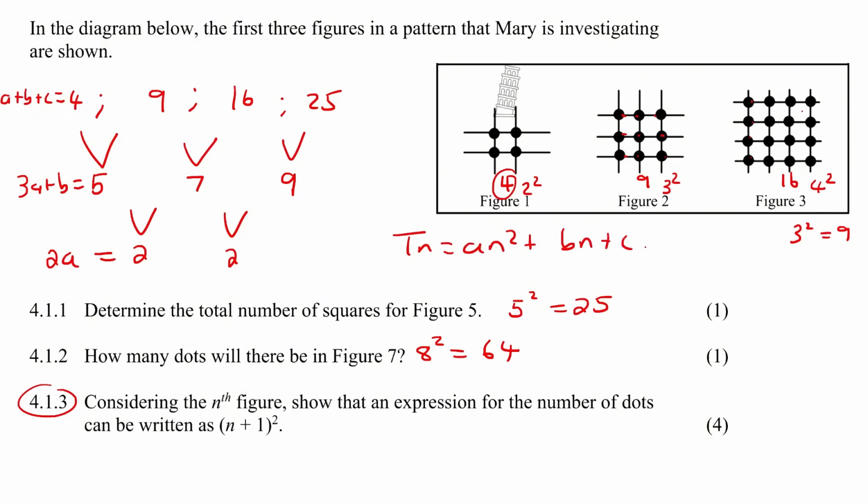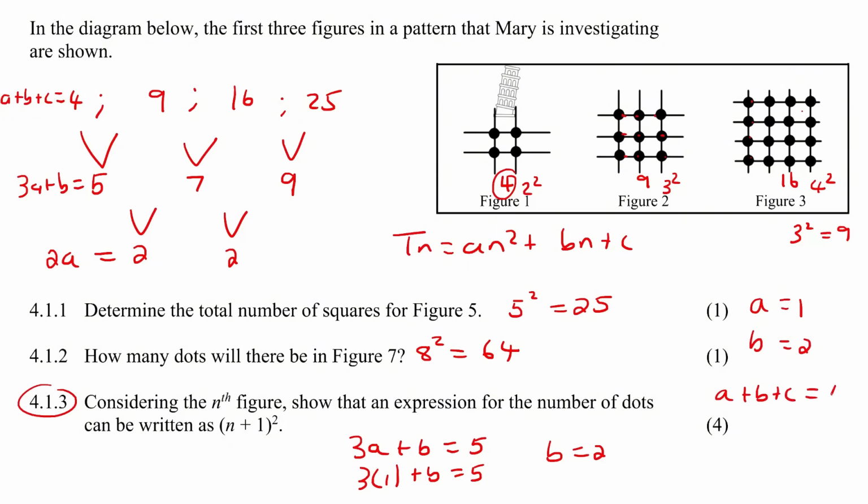And so we could go work out a now, or we know that the original equation of these things always goes like this. So we could go work out a as 1. So a is 1. Then we could say 3a plus b must be equal to 5, but we already know that a is 1 and so b would end up being 2. And then a plus b plus c is 4. But we already know that a is 1, b is 2.